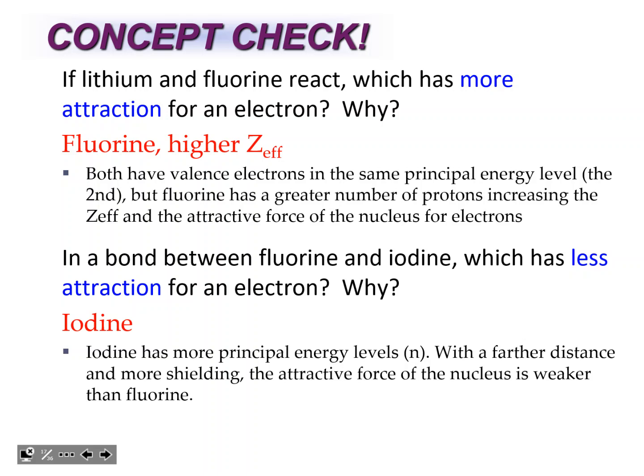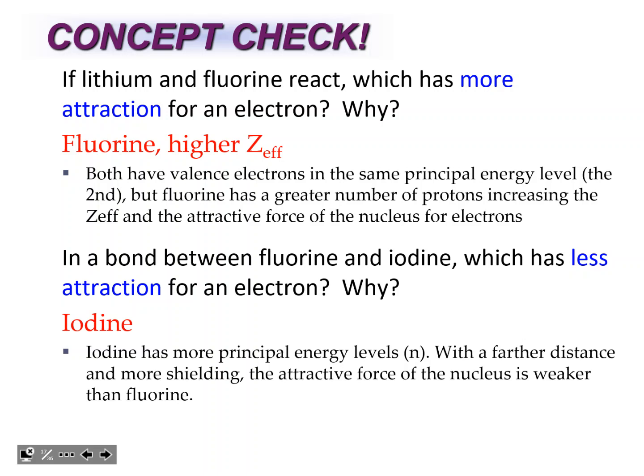Fluorine is smaller, with only 2 principal energy levels, whereas iodine has 5. That's why you would say iodine has a weaker force of attraction: with the 5 principal energy levels, it has a much farther distance and a weaker force of attraction.